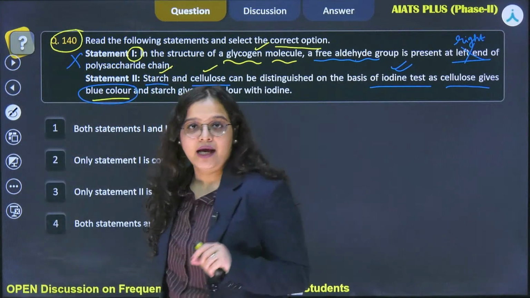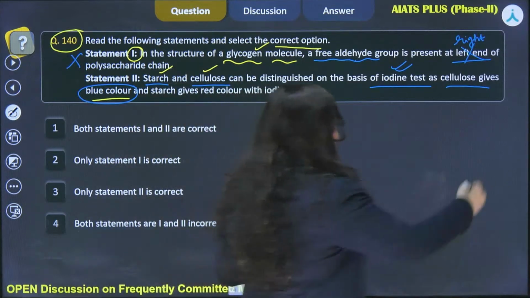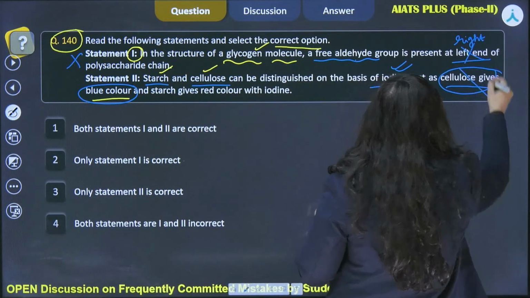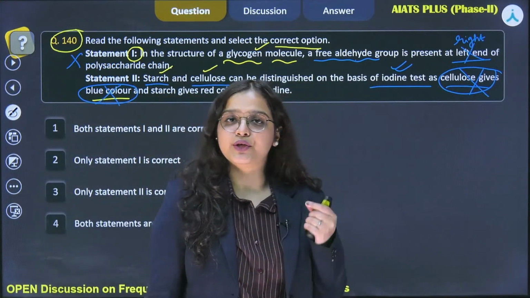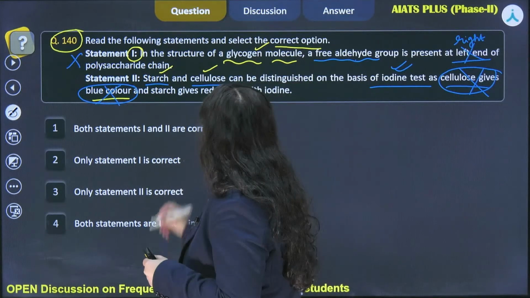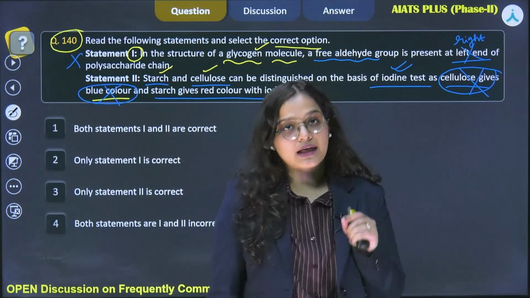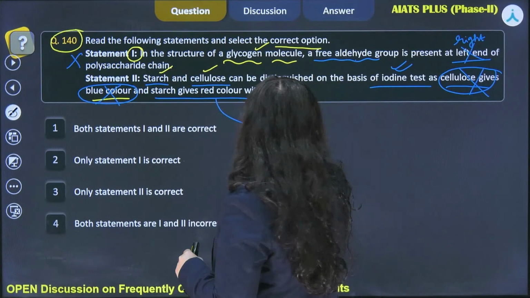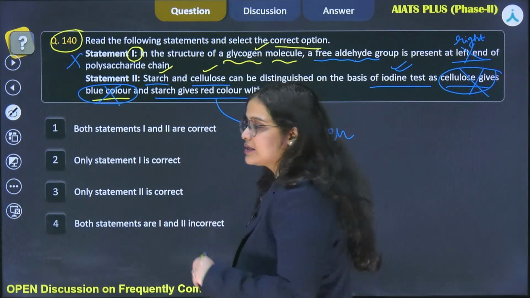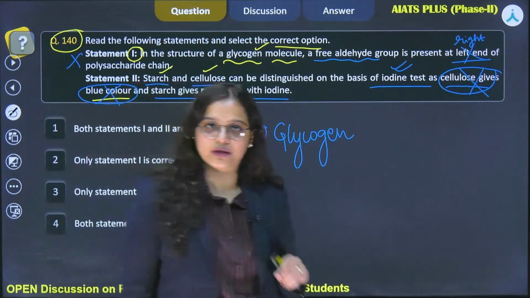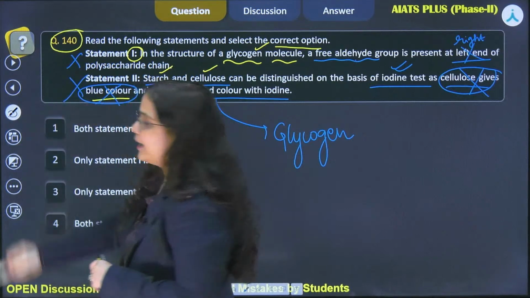So this helps us realize that this statement will stand incorrect, because the later part of the statement which states that cellulose gives blue color is incorrect, as we already discussed that there will be no color formation, and starch gives red color with iodine. We discussed that it is glycogen which gives a red color complex with iodine, not starch. Rather, the starch iodine complex will form a blue color. So overall we can make out that the second statement stands incorrect.